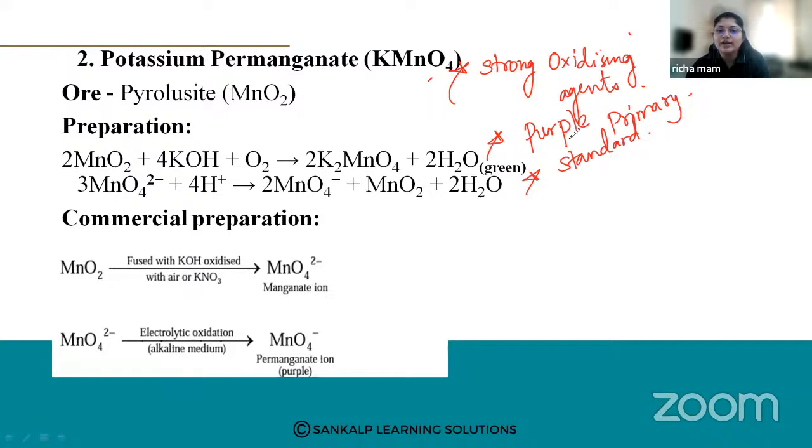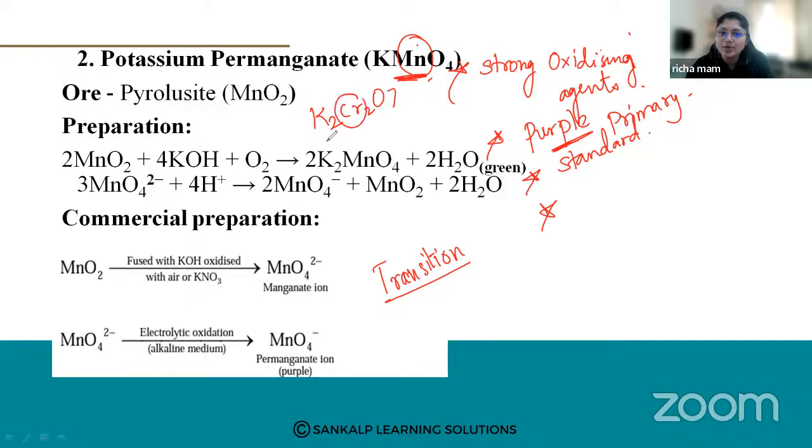Then why the purple color? I have mentioned before that transition metals form colored complexes. Here we can see two best examples: one is the metal Mn, in potassium permanganate, and another is K2Cr2O7, a chromium complex. That was orange color, and this is purple color.